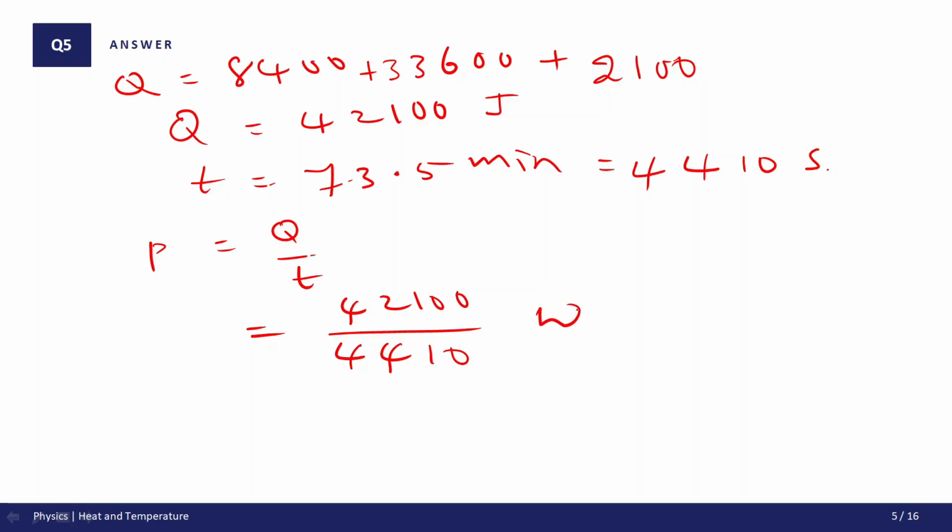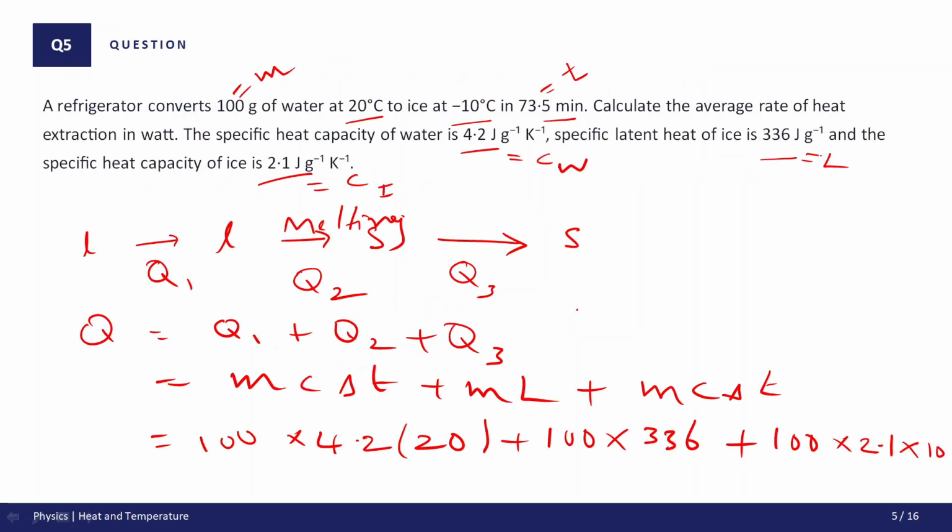What units will you get? Now divide it. 42,100 divided by 4410. It is equal to 9 point, yeah, 19 point. We will see, there is a small calculation mistake. Once again we will try to do that one.